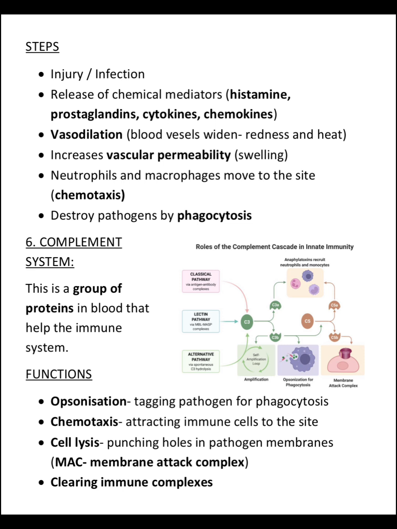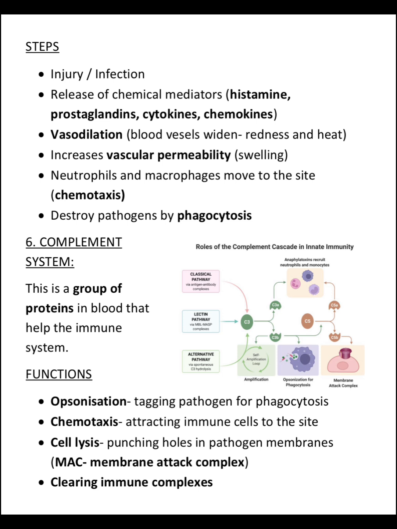This means the pathogens are coated with molecules called opsonins that enhance their recognition and ingestion by phagocytic cells such as macrophages and neutrophils. Common opsonins include complement proteins such as C3b and antibodies such as IgG.